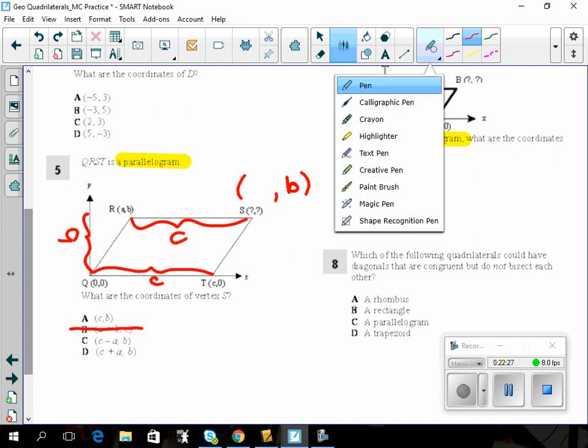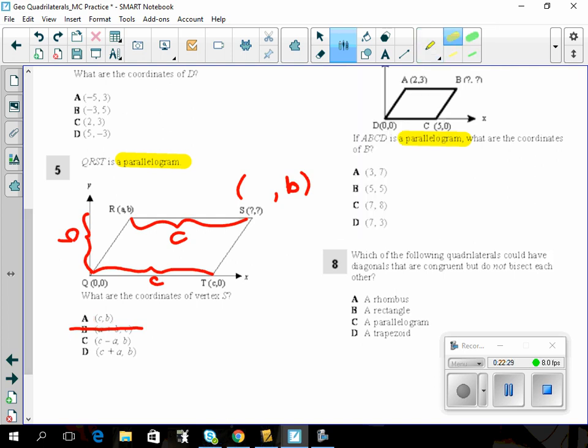But it's not just plain C, because don't I have to add that much to it? So it's C plus another amount, and it's C plus A. Very good. So the answer is D. It's kind of weird with letters, don't you think? It's a little uncomfortable. You're doing the same thing, it's just letters instead of numbers.